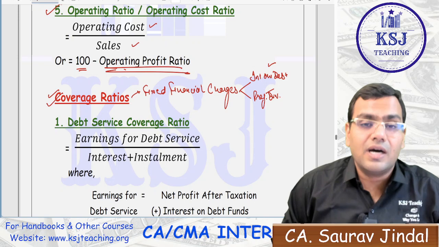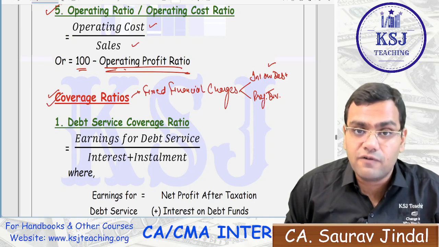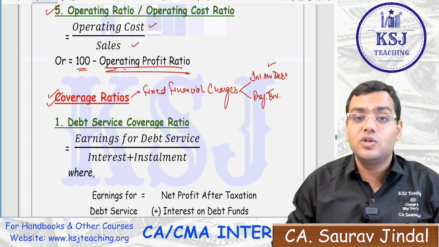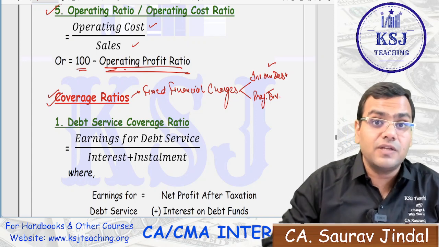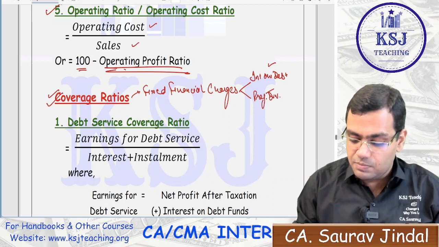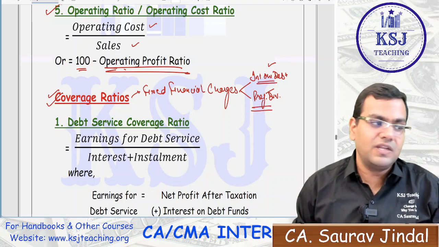Whether you are earning sufficient profits from the operations of the business so that you are able to pay the interest and the preference dividend.